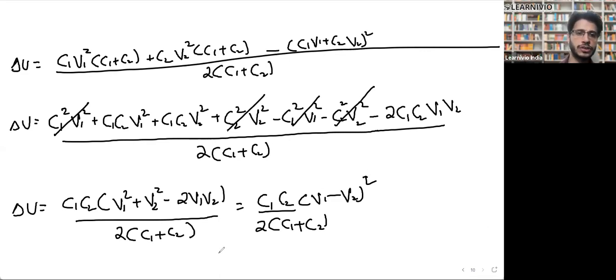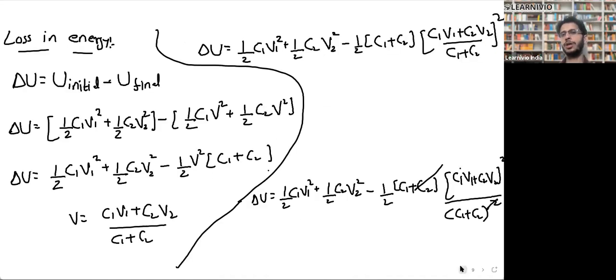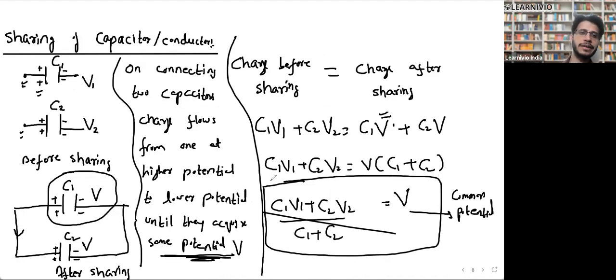This is the loss in energy when you connect two capacitors: C1 C2 into V1 minus V2 square over twice of C1 plus C2. Just one more thing. This expression is valid for both capacitors as well as conductors.